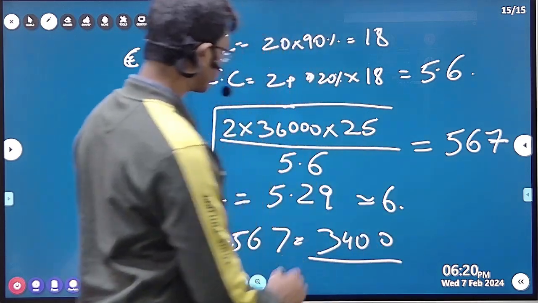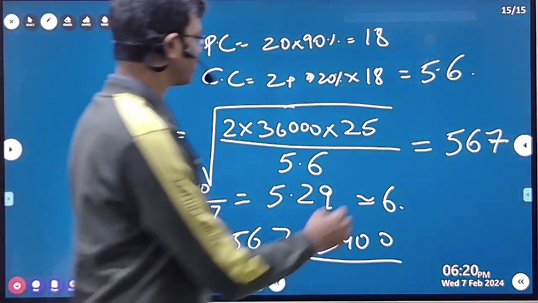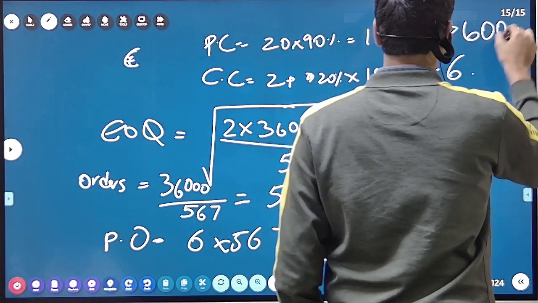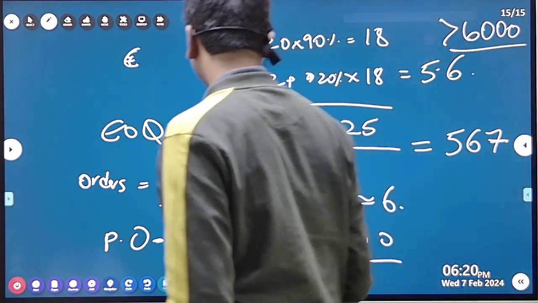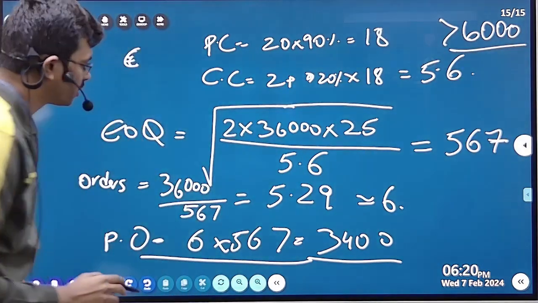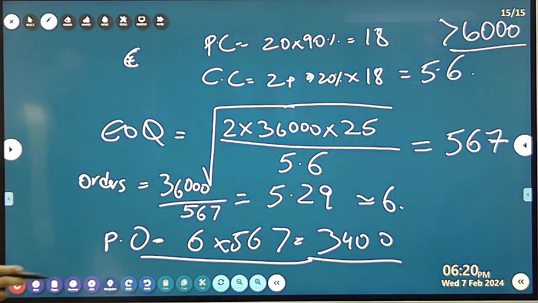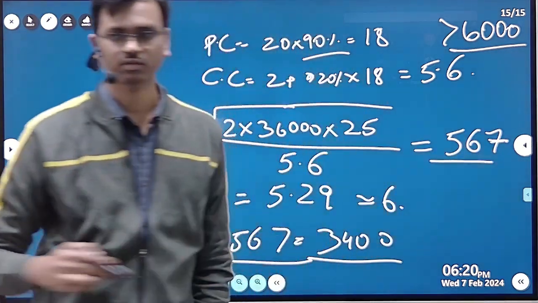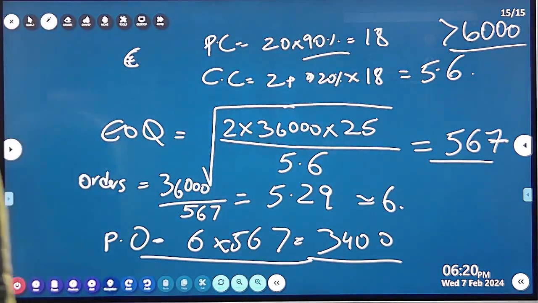So this is definitely not in the range of greater than 6,000. So we cannot take this discount at this EOQ. Correct? Yeah. Okay.